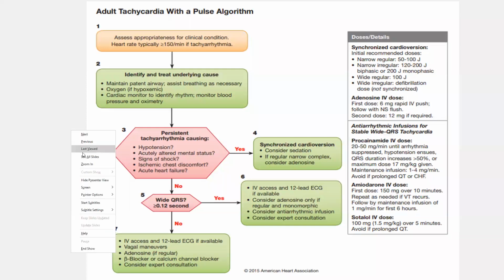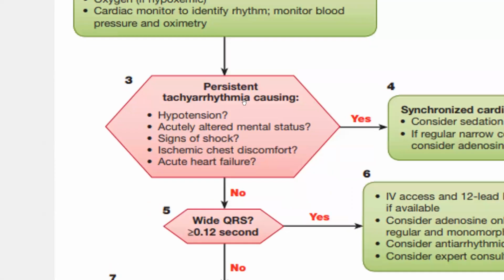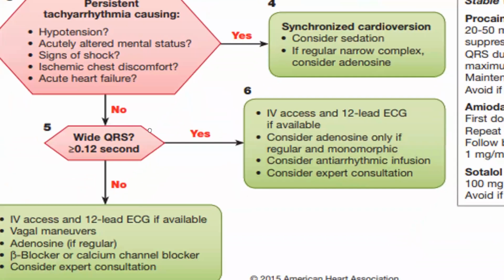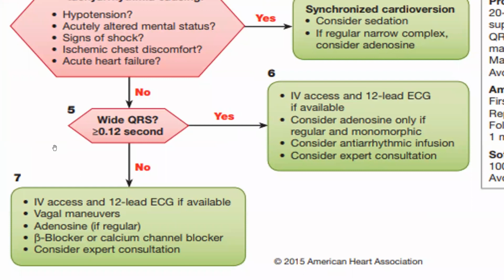If the arrhythmia now causes cash, we're now going to consider synchronized cardioversion. And of course, we're going to determine if the patient is having ventricular tachycardia. So if it is a wide QRS complex, then we're going to have to consider the following right here.